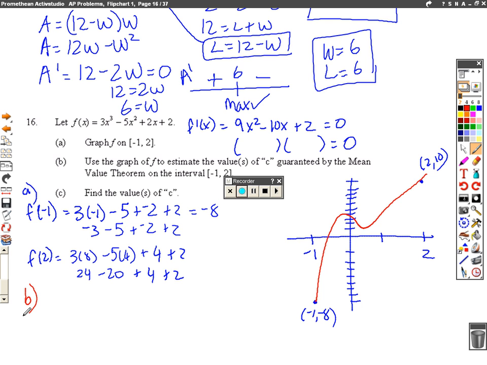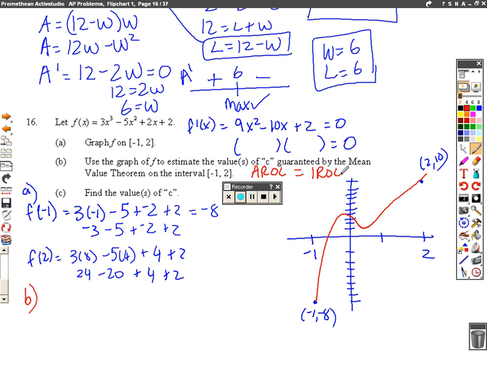Okay, so for part B, we can do part B, however. Use the graph of f to estimate the values of c guaranteed by the mean value theorem. Mean value theorem says if the function is continuous, which this function is, and differentiable, which this function is, then at some point in time the average rate of change will equal the instantaneous rate of change for some value of c.